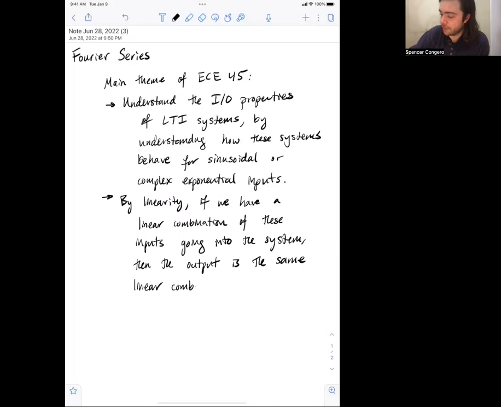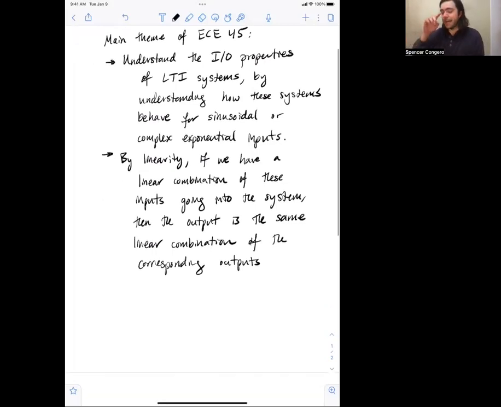And I'll show you exactly what I mean in a second. Corresponding meaning the outputs for all of these inputs that we made into a linear combination. So this is kind of just rehashing the definition of linearity, but that's not a bad thing.